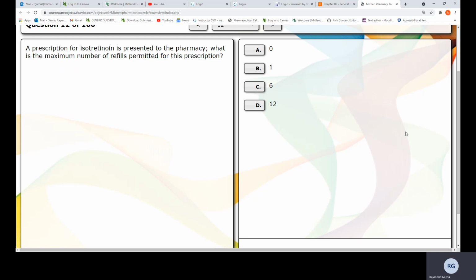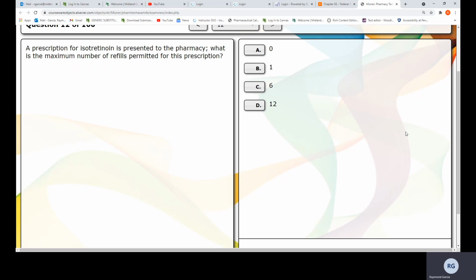Since it's a severe medication for patients, how many refills do you think? Three?